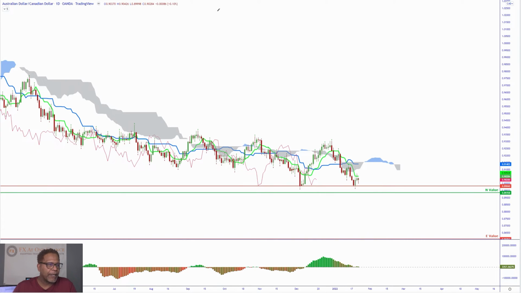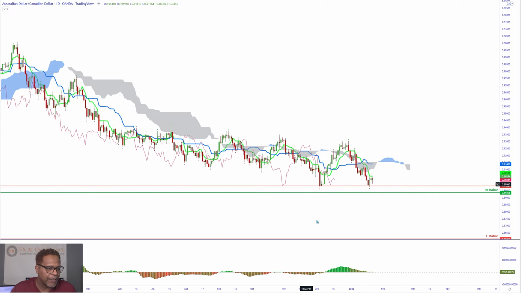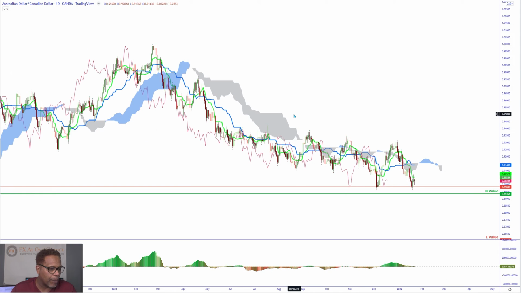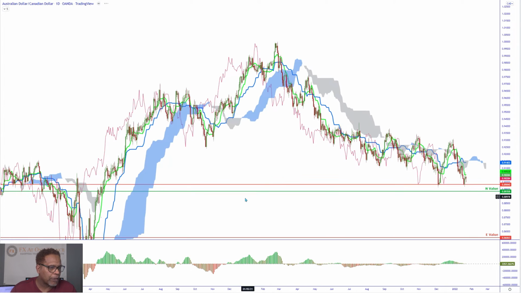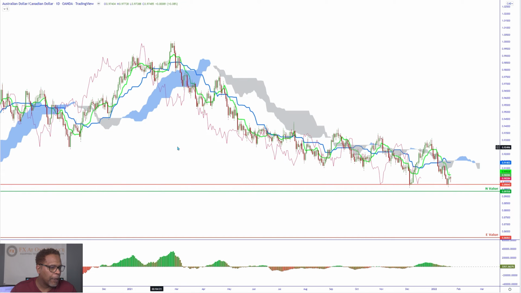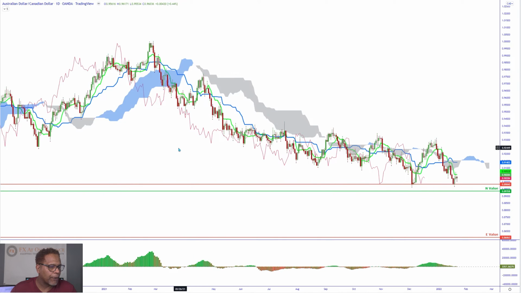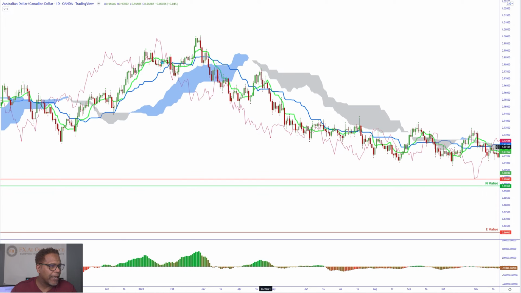So what I'm seeing happen here right now with this Aussie CAD is we bottomed out. One thing you want to pay attention to, that I pay attention to deeply, is the divergence. Let me show you a couple things as far as the divergence goes. Let's go back to here. When we look at this chart, I like to see if we hit a top, if there's any divergence, but there was no divergence here, but the market still did drop.